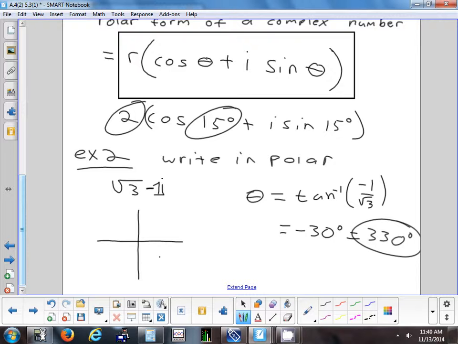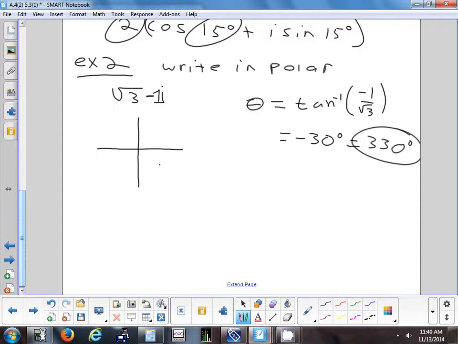Okay, so that's half of it. I got my angle. What else do I need besides the angle? I need r. So r squared equals x squared and y squared.